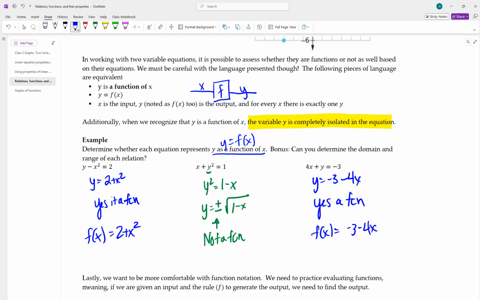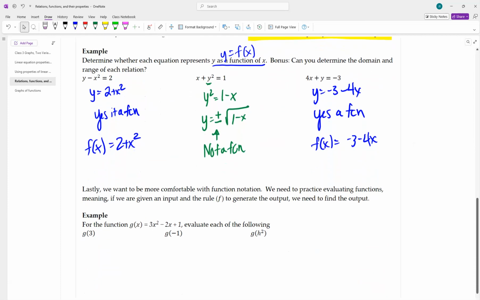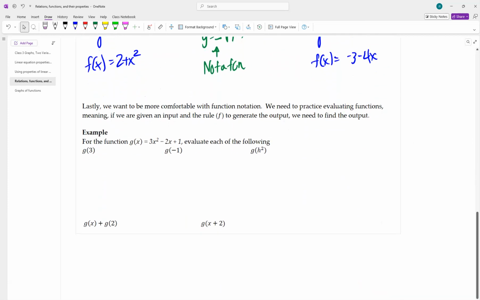All right. And then lastly, one of the other things we need to do with functions is be able to use the notation fluidly, right? And so when we have a function given to us, we want to be able to evaluate. So when we see g of 3, we have to recognize that, oh, this is replacing x in the equation, right?